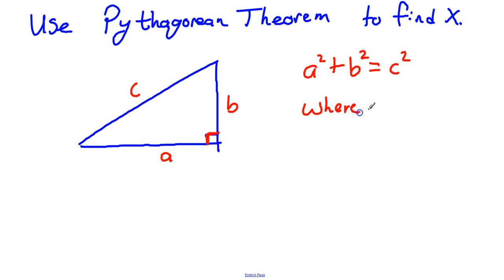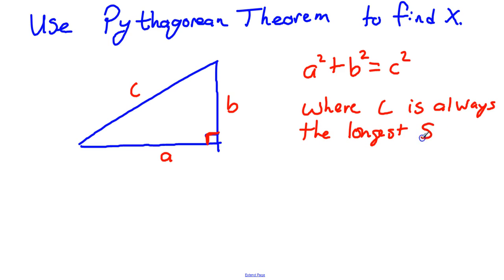And again, the only catch is that c is always the longest side. And that c value is going to be called the hypotenuse.